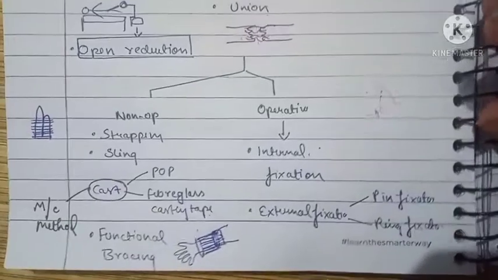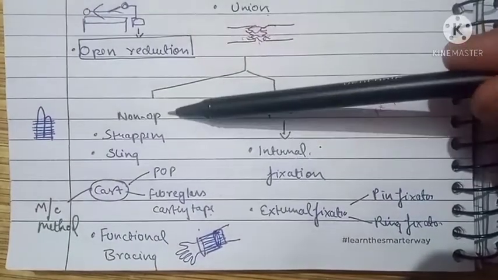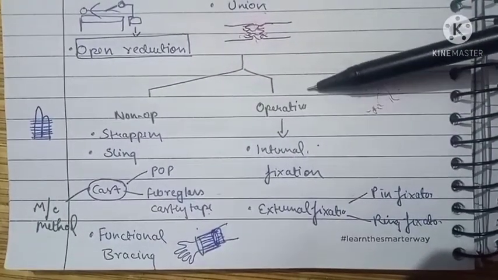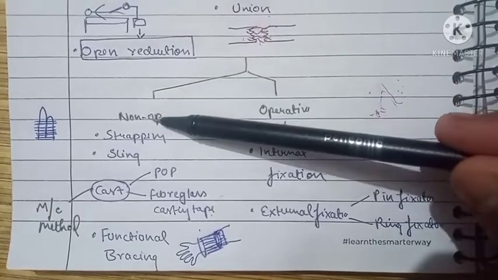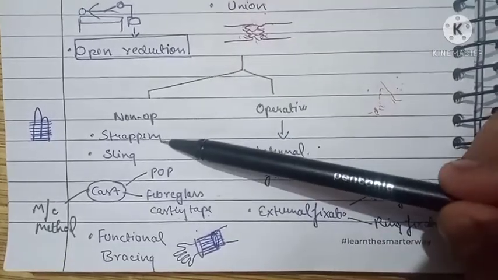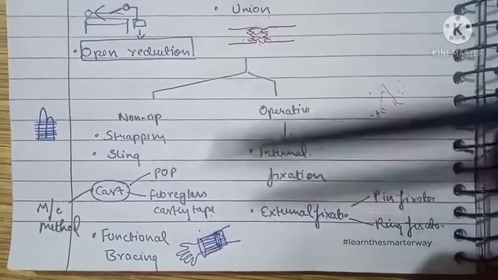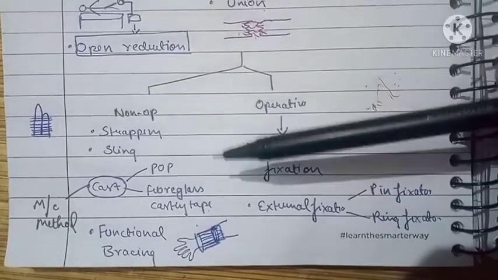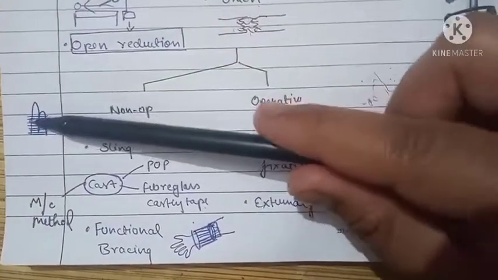Talking about the methods of immobilization, we can have either non-operative methods or operative methods. Non-operative methods include strapping, sling, cast and functional bracing. In strapping, we use something to bind the fracture to the adjacent bone.